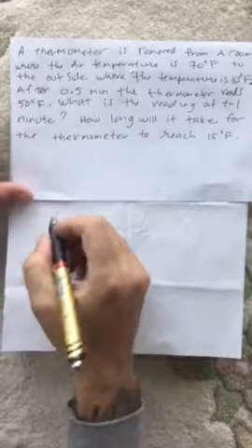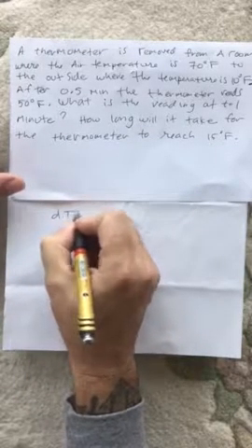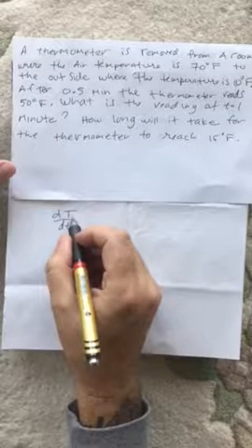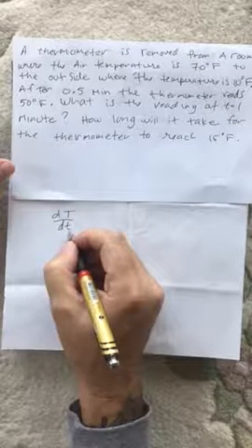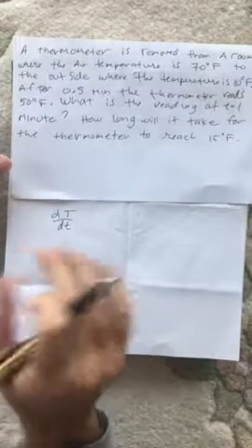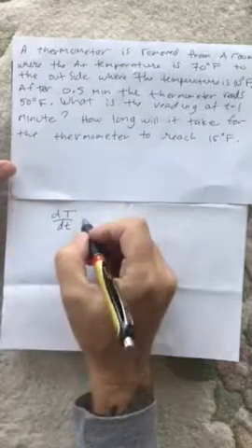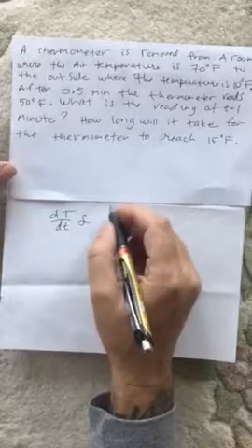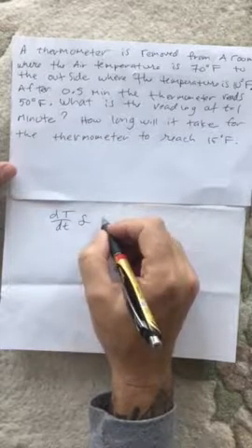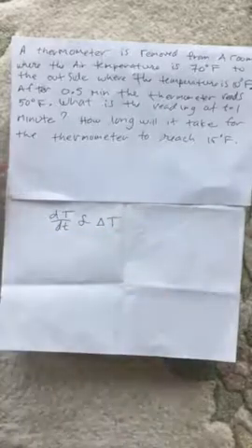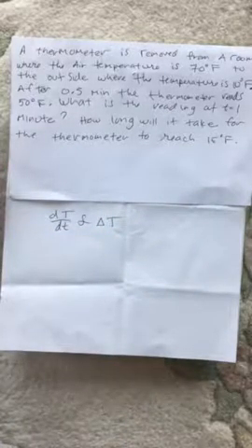So you could write that the rate, the change in temperature divided by the change in time, as time goes infinitesimally small, will give you an instantaneous rate, is proportional to the change in temperature, right?